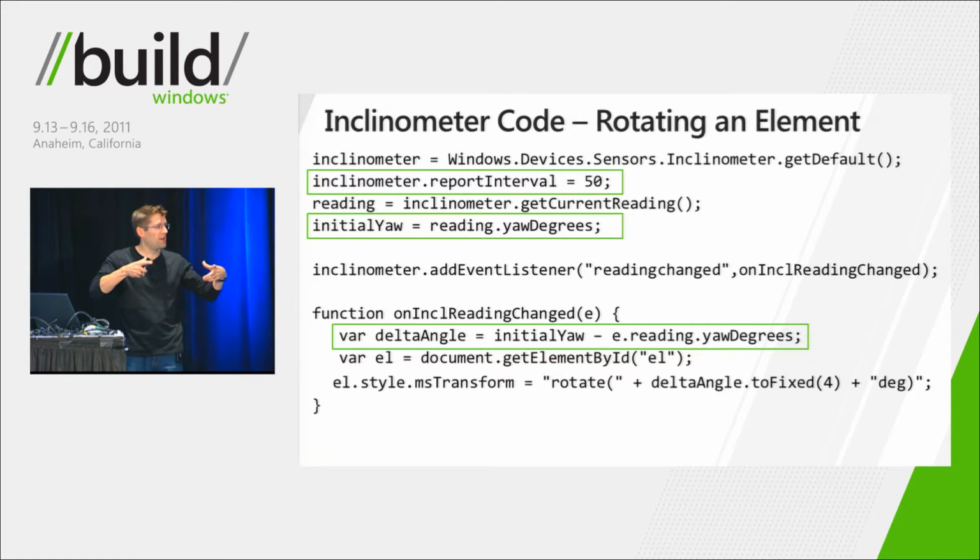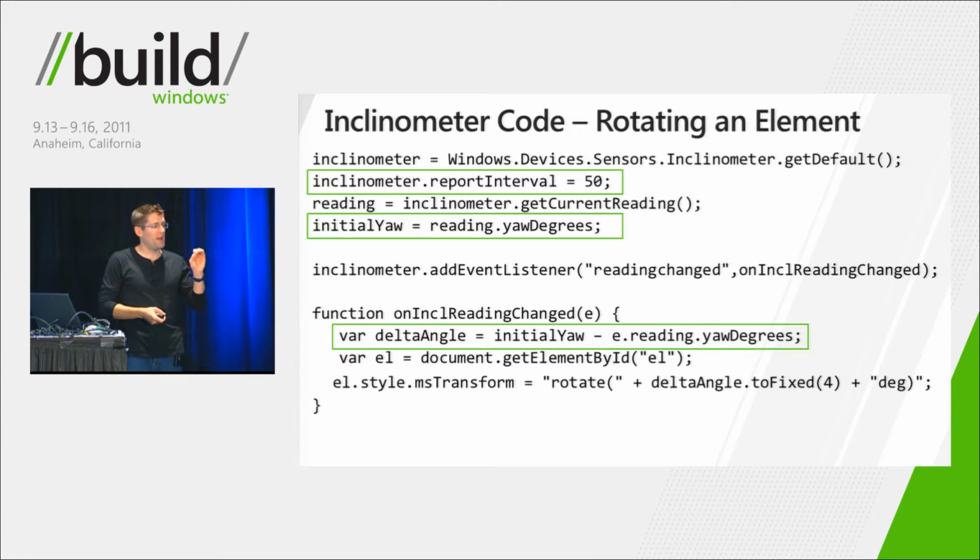Since the yaw rotation is really with respect to the magnetic North Pole, when the device is down flat and stationary, we really want to center the steering wheel around that initial yaw angle and then just rotate it based on relative motion, right? So we grab the reading, and we have that as sort of our default inclinometer position.